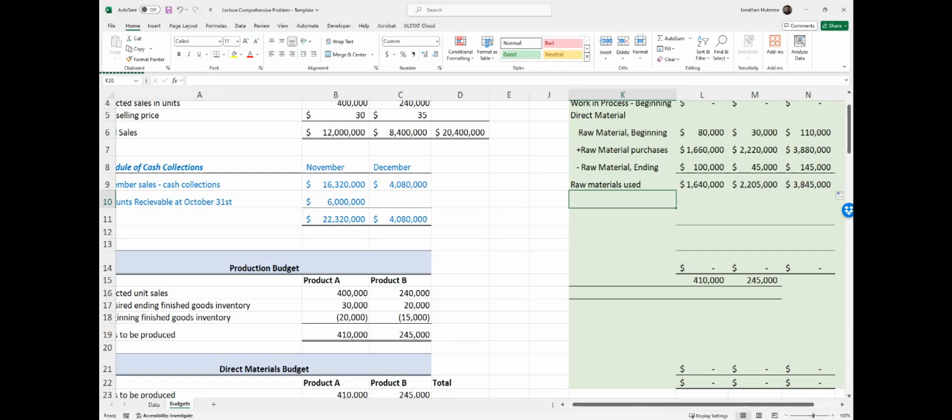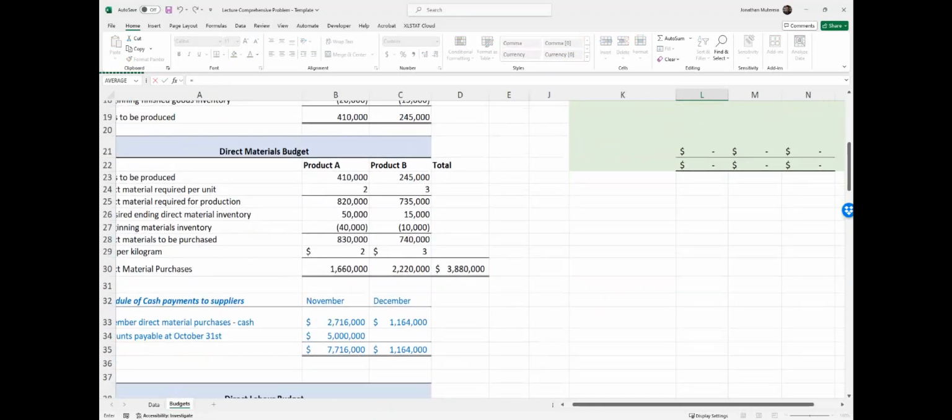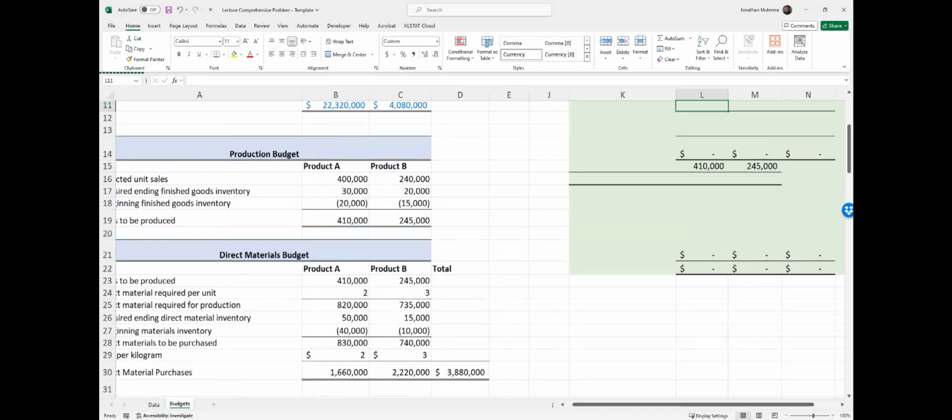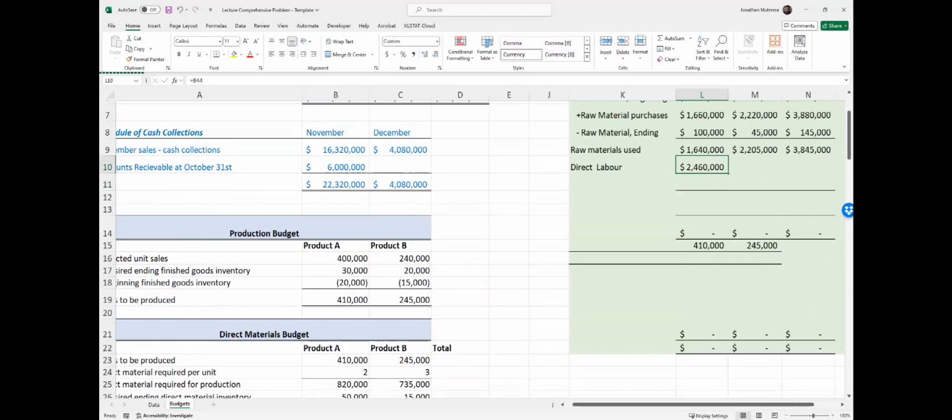Now we move on to direct labor. With the direct labor, we know that under the direct labor budget, 2 million 60 and 2 million 58 for product B. So that's for product A, for product B, and then the total.